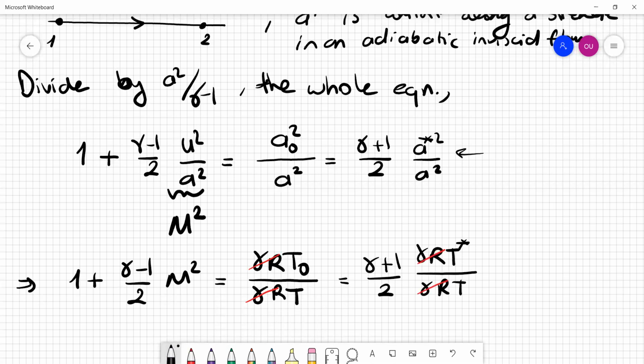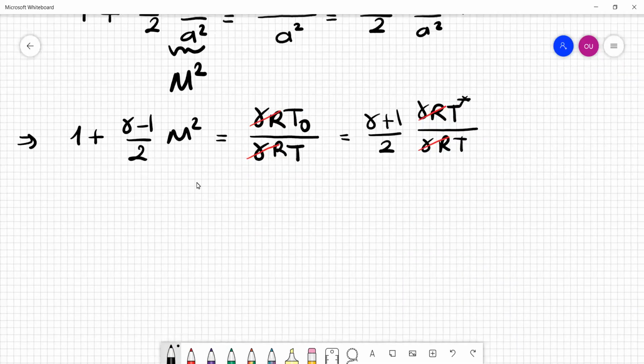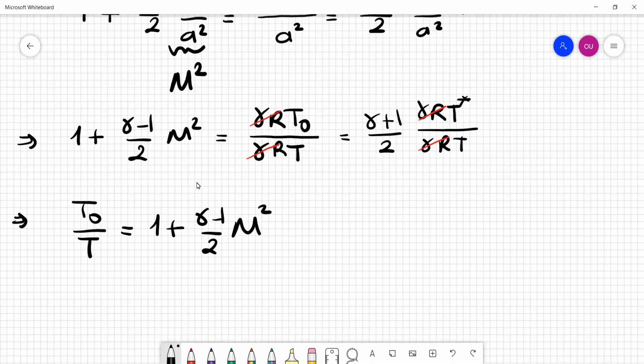So I end up with a relation between stagnation temperature and static temperature of the flow. T0 over T is equal to 1 plus gamma minus 1 over 2 M square.